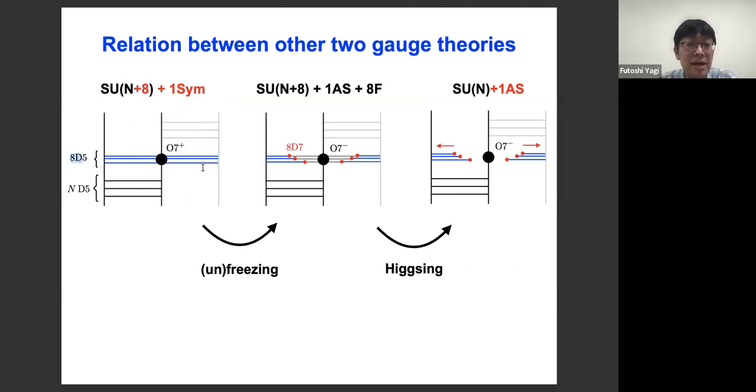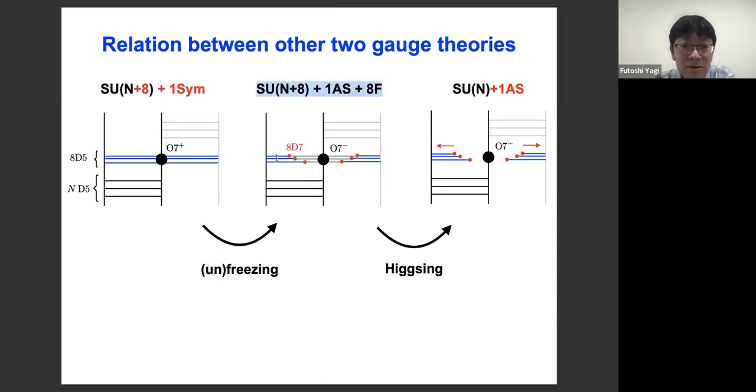And at this stage, as previously, let's formally replace this O7+ by O7- and 8 D7. So this step I'm calling unfreezing, in a sense that if we start from this and go to the left, then it's like freezing. And the opposite I'm calling unfreezing. So if we replace O7+ by O7- plus 8 D7, we obtain SU(N+1) antisymmetric plus 8 flavors.